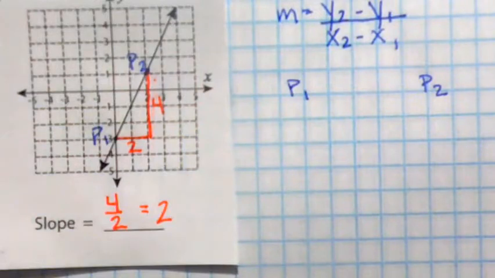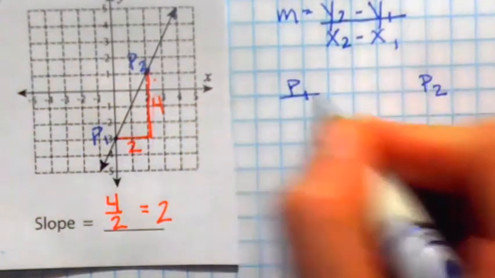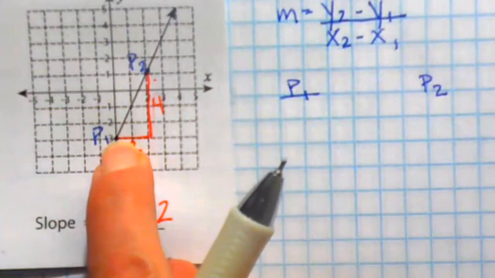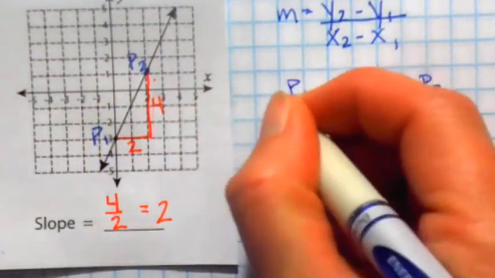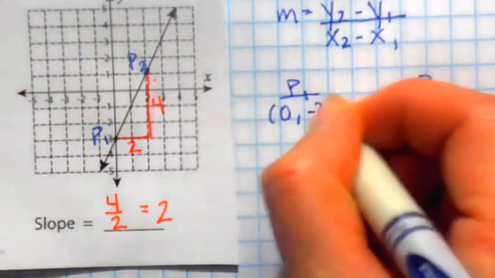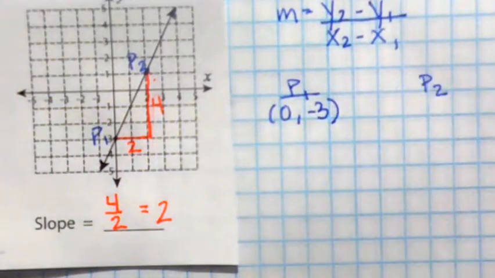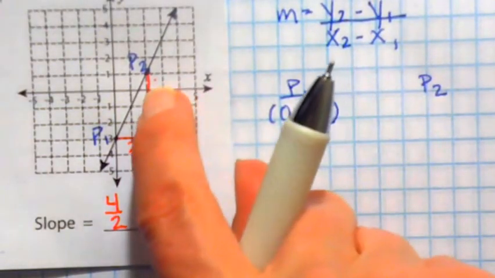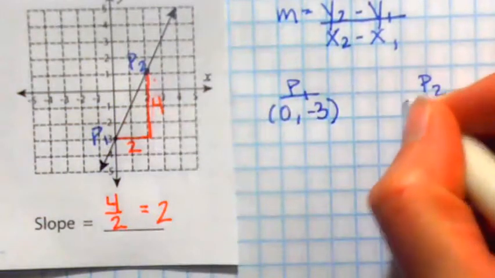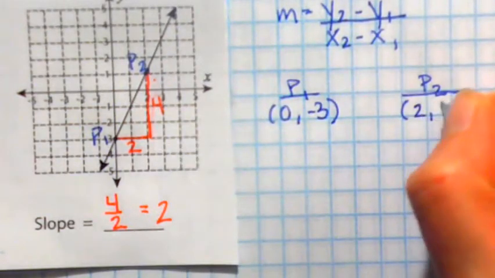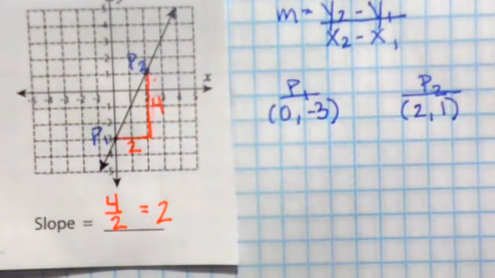I would come up with the same answer. Okay, so point 1 is at (0, -3). Point 2 is at (2, 1). So I've identified my 2 points.